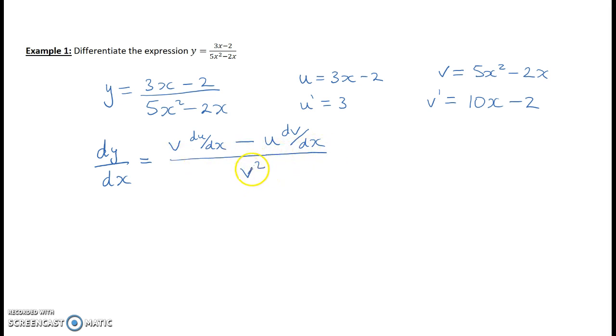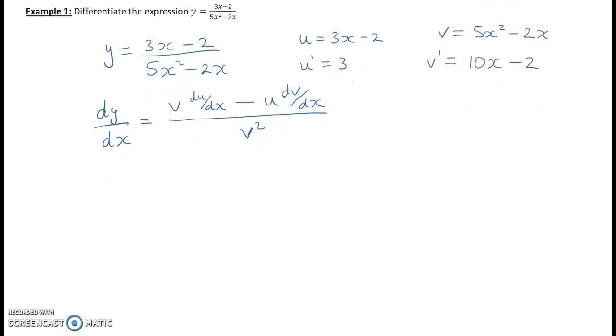Now it has to be a minus, and because it's a minus, the order is important. You have to start with the bottom by the derivative of the top minus the top by the derivative of the bottom. If you mix up the order here, you'll be wrong. In the product rule, it didn't matter because there was a plus. You were adding two terms, but since you're subtracting on top, the order is very important here.